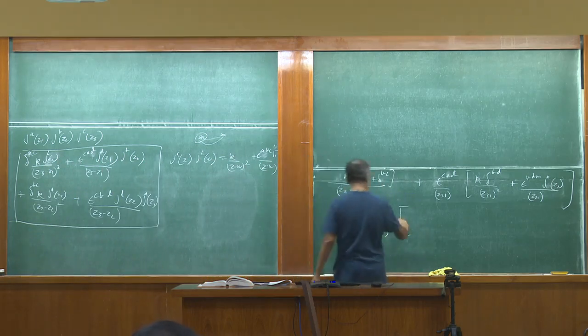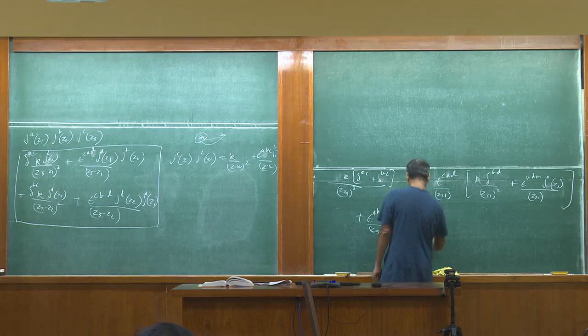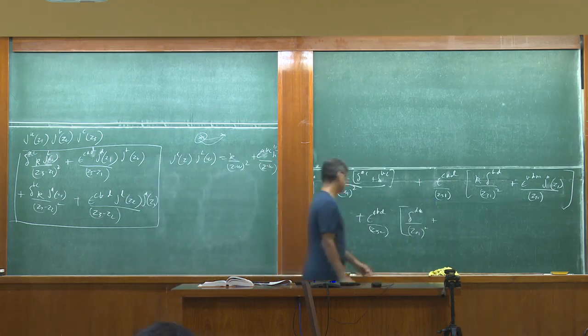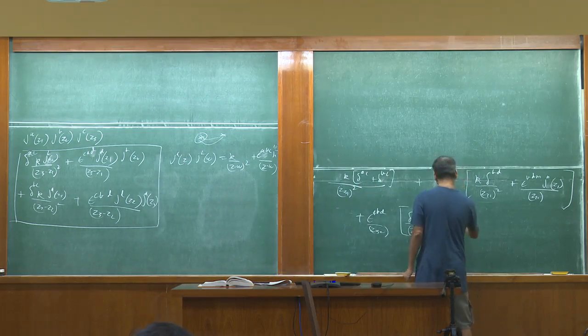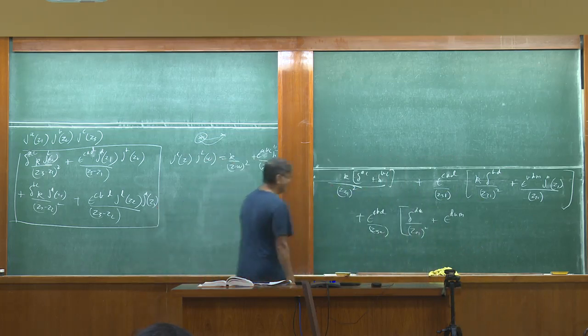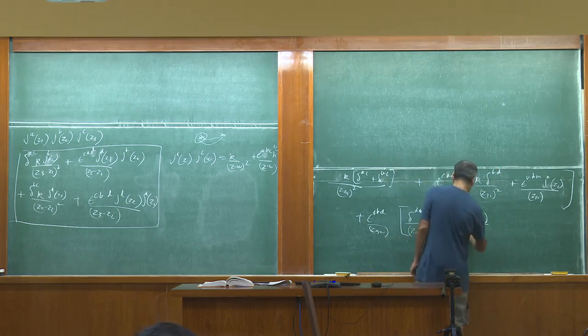So this is delta dA, Z21 the whole thing squared, plus epsilon dAm, then there's J_M of Z1, the whole thing divided by Z21.